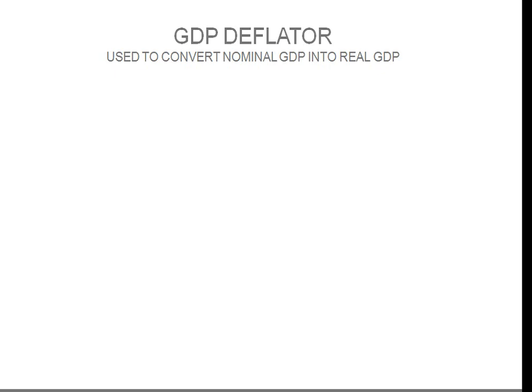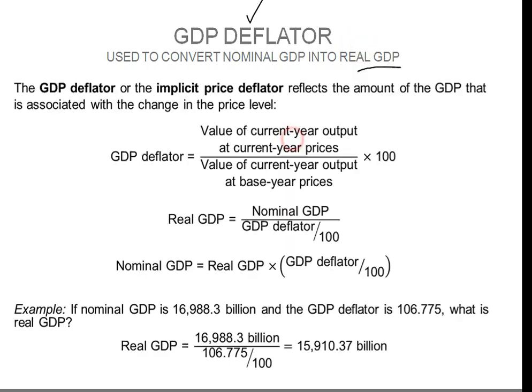GDP deflator. It is used to convert nominal GDP into real GDP. When we have nominal GDP, we have to use some tool to get it into real GDP, so we can make better decisions. So we use the GDP deflator. How is it calculated? The GDP deflator, or implicit price deflator, reflects the amount of GDP that is associated with a change in price level.